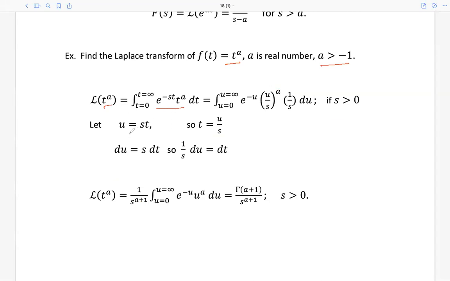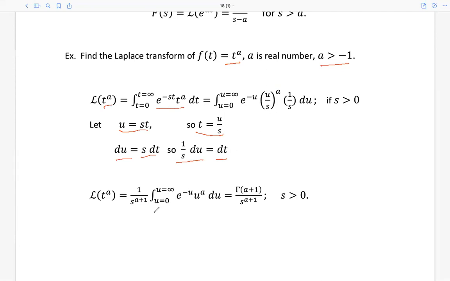We need to do some substitution. We let u be st, or t equals u divided by s. Then du is just s dt, so 1 over s du is dt. Once we have this, we substitute everything into u and s, so we get this.